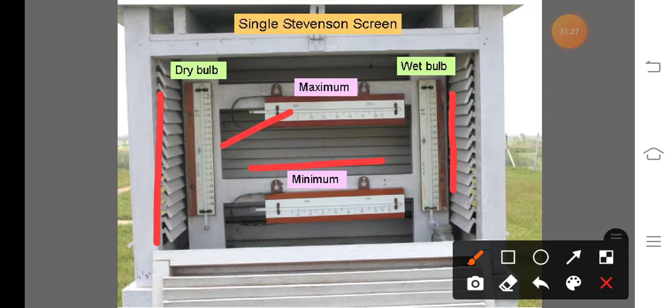So this is the content of the single Stevenson screen: the maximum, minimum, dry bulb and wet bulb thermometers.